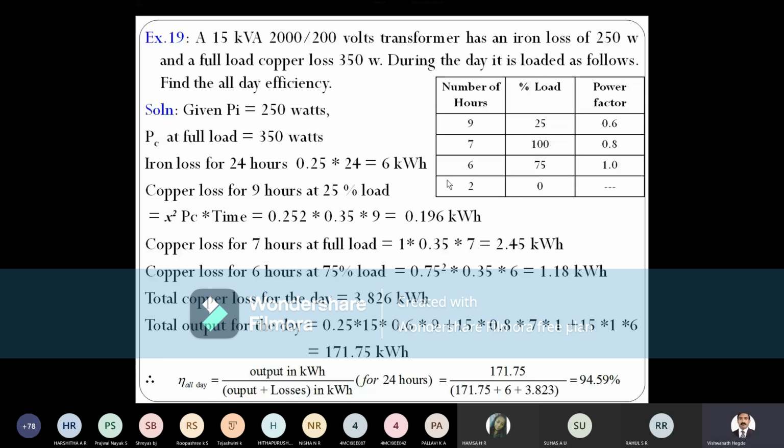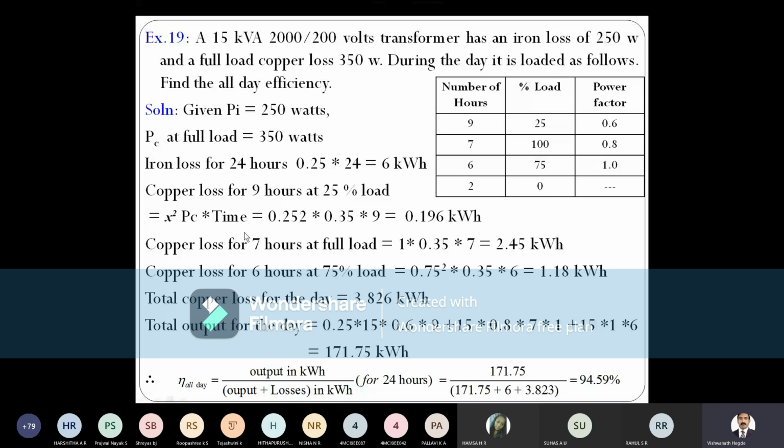Now you see, next, copper loss. Copper loss for 9 hours. First 9 hours it is 25% load. So for 9 hours at 25% load, that is x squared. 25% load means 25% of full load.